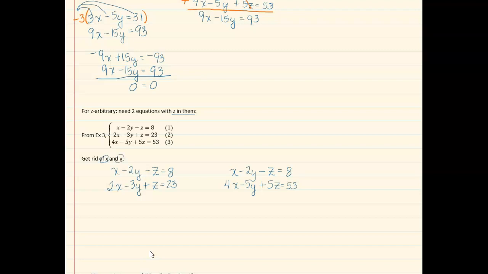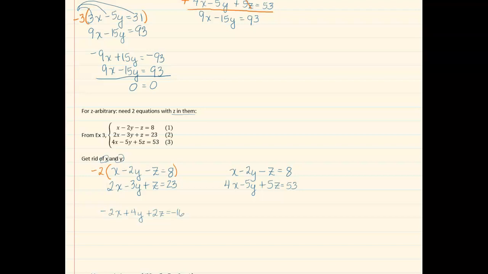So for this one, I'm going to get rid of x. So we are going to multiply this top equation by a negative 2, and that will make the x come out. So let me multiply so we can see that. We're going to get negative 2x, positive 4y, positive 2z is equal to negative 16.